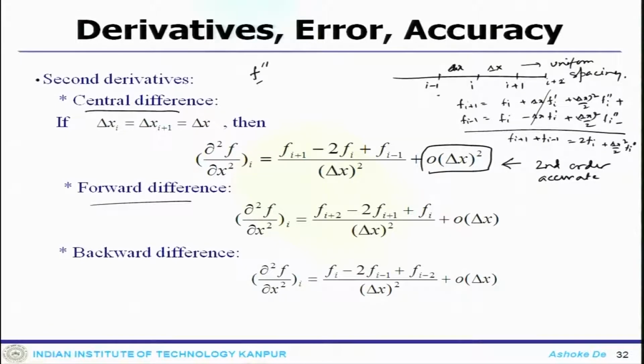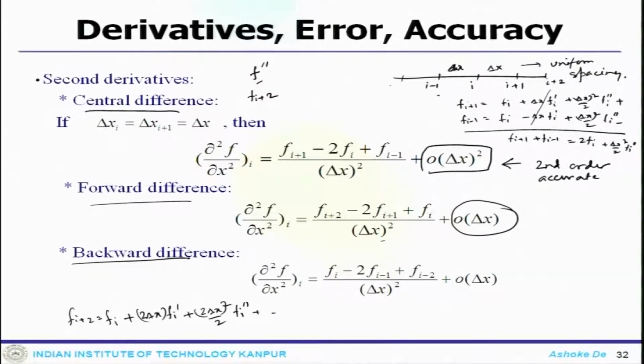If I try to write I plus 2, this is nothing but f I plus 2 delta x f I prime plus 2 delta x square by 2 f I double prime and so on. If you take that, essentially f I plus 2 minus 2 f I plus 1 plus f I, but the important thing is there. Similarly, for backward difference you use I minus 2, but the important point is here.